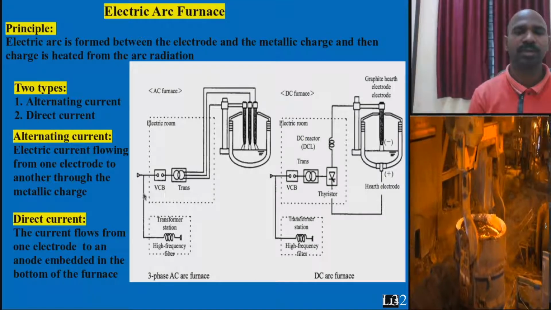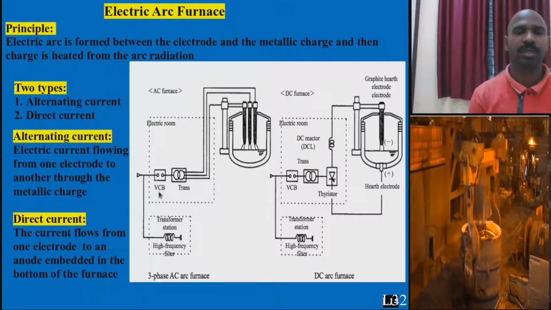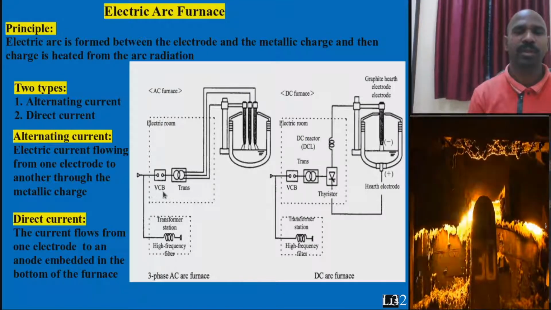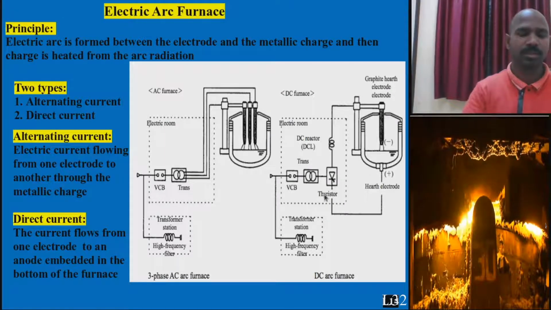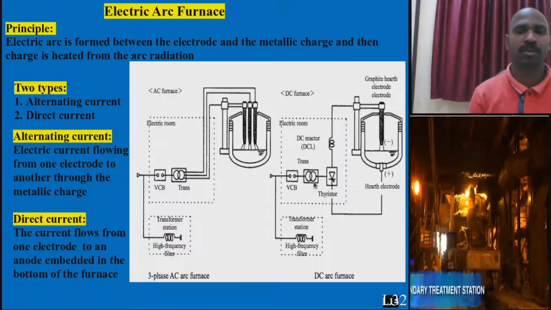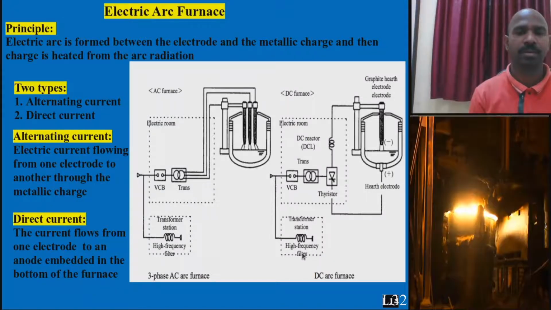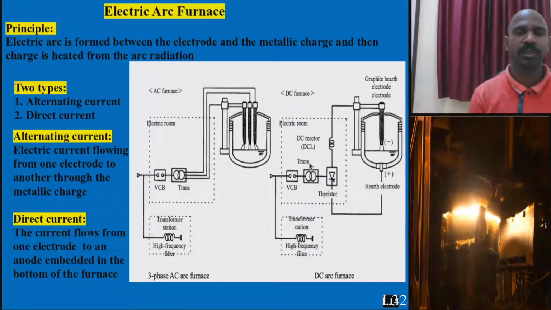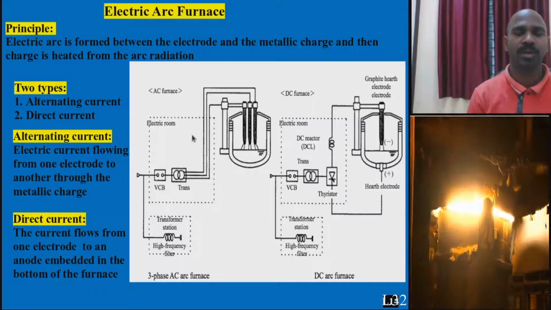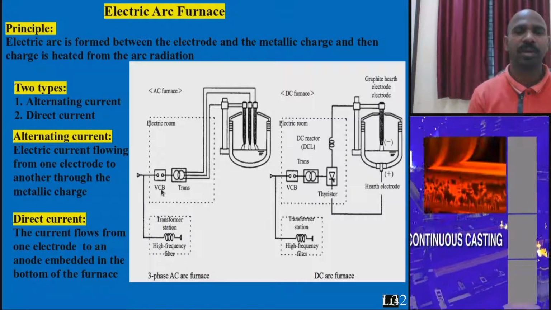There are things called VCB, voltage current breakers, thyristor and transistor, transformer, and high frequency filter. All these help in controlling the temperature and melting stage. This is the electrical room.